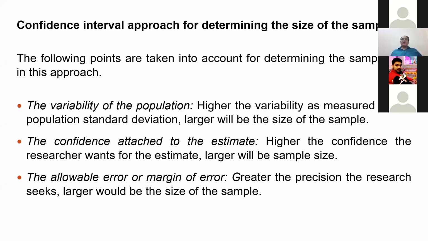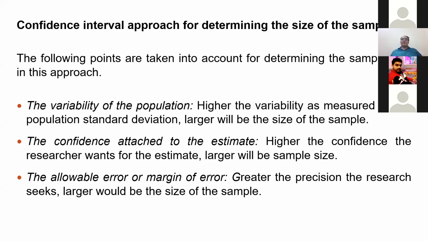In marketing, we know there is a lot of variability in consumer behavior, so normally we go for a sample size of 500, 600. Similarly, in some areas the variability is too high, so your sample size may go up to 1000, 2000 also. So variability is one factor which decides the sample size.